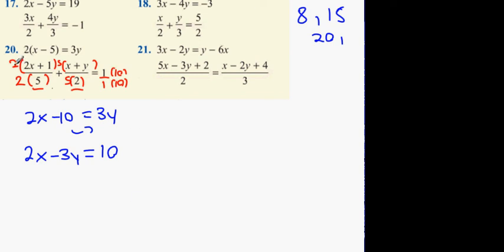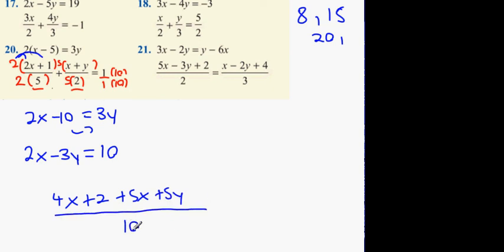Now, 2 times 2x, 4x, and then 2 times 1, 2, 5 times x, 5x, 5 times y, 5y, all over 10, and that equals 10 over 10. Now those 10s, cross out, get rid of them. Now, all of a sudden, what interacts with what?